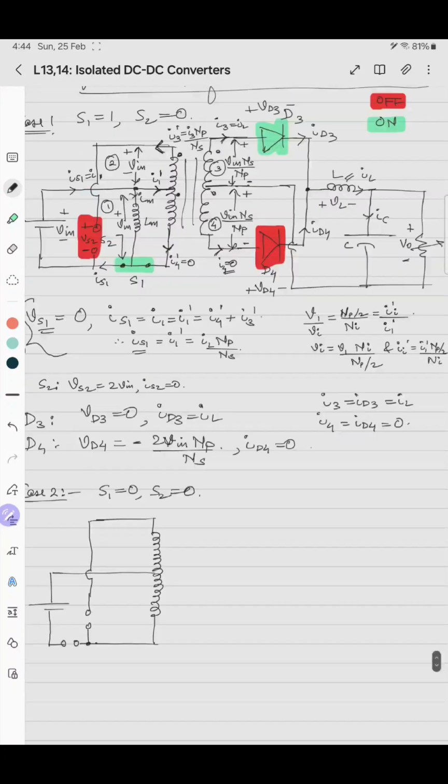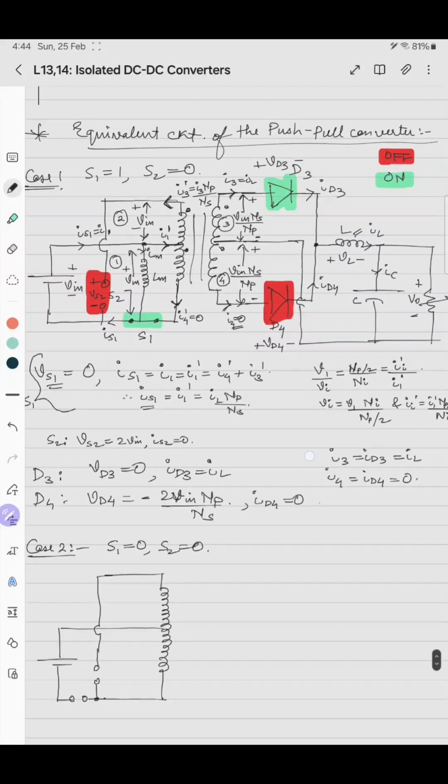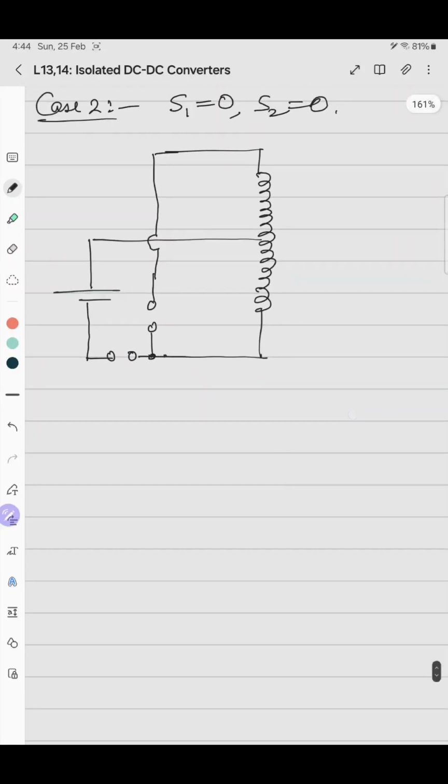So this is S1, this is S2, this is Vin, and in this case the magnetizing branch can be kept anywhere.